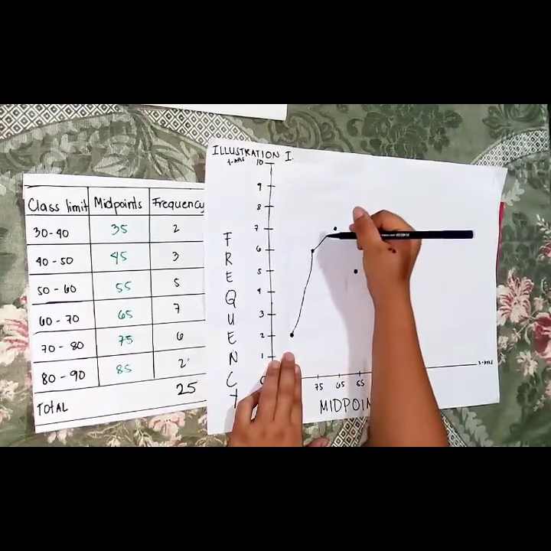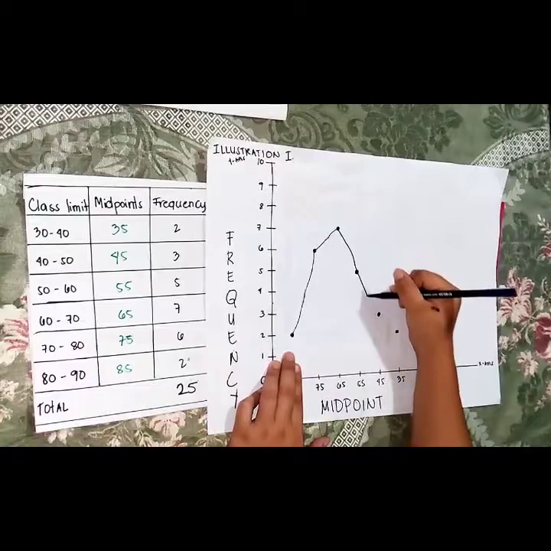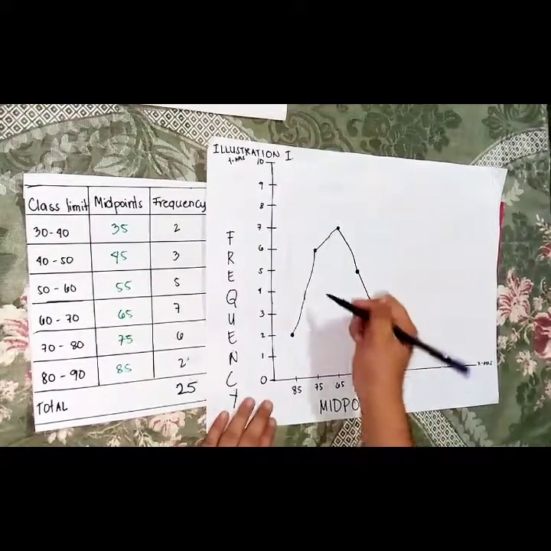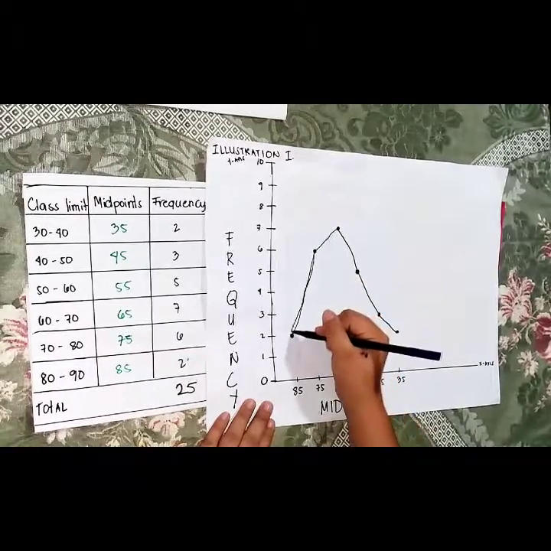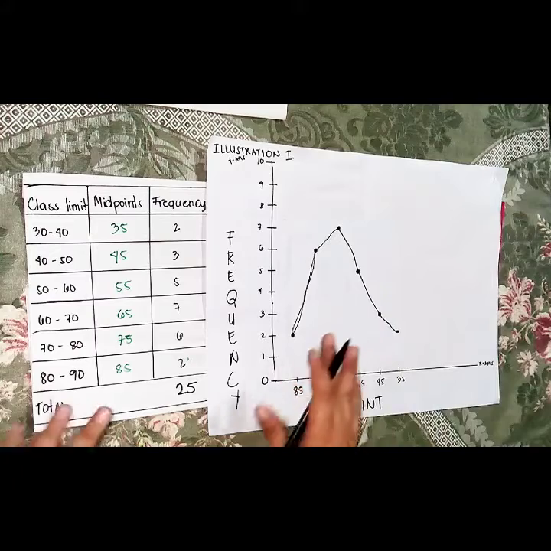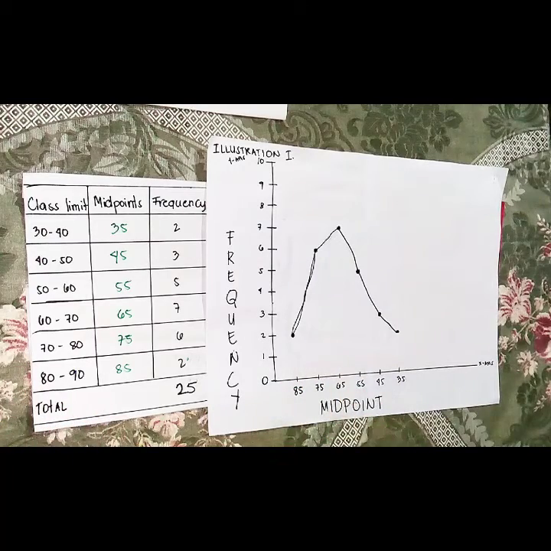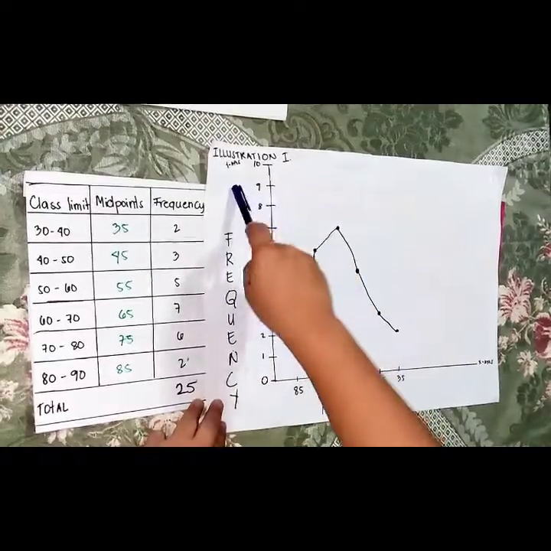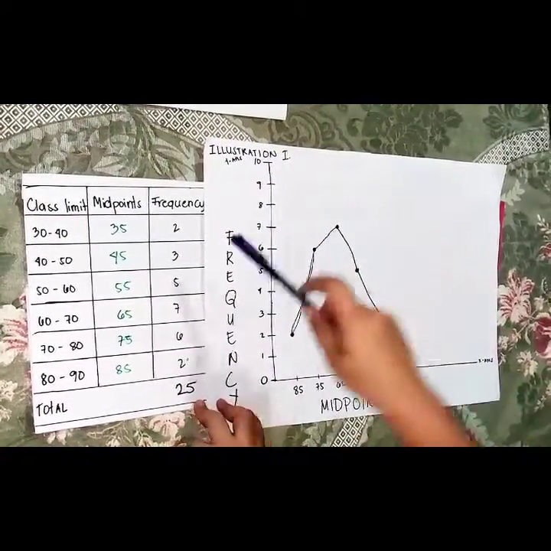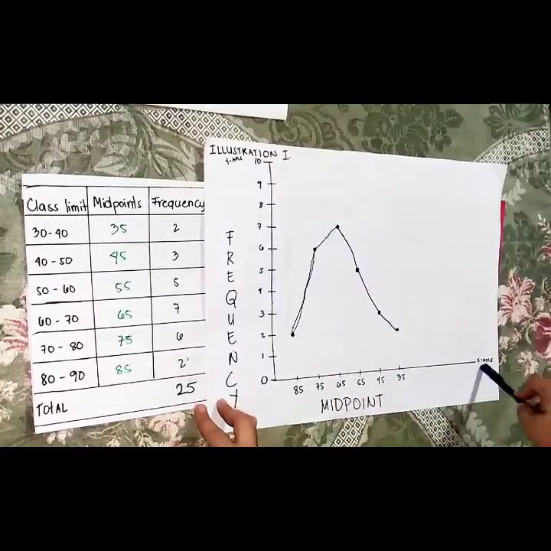So that is how to create a line graph using our frequency, which is the y-axis, and our midpoints, which is the x-axis.